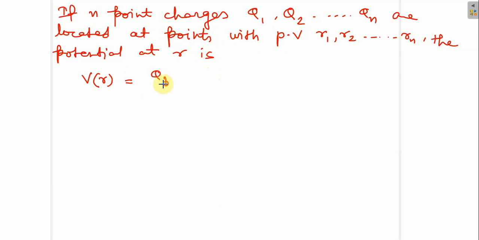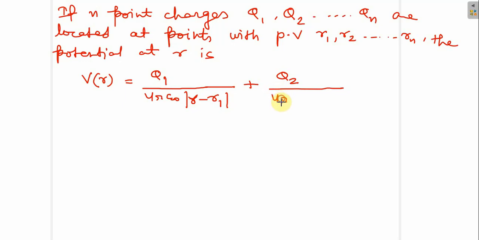This is Q1, so obviously it is Q1 upon 4 pi epsilon 0 |R minus R1|. Now again for Q2, what will be the expression? Q2 upon 4 pi epsilon 0 |R minus R2|.